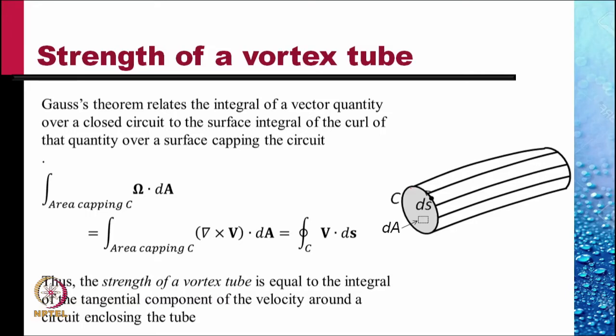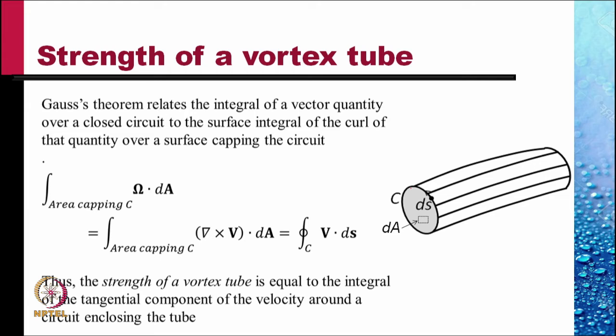Those of you who are familiar with the calculus of vectors know that Stokes's theorem relates the integral of a vector quantity over a closed circuit to the surface integral of the curl of that quantity over a surface capping the circuit.